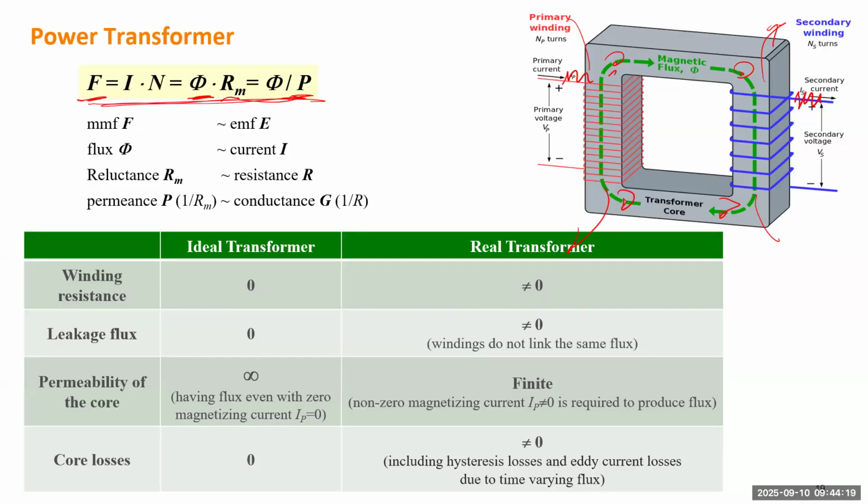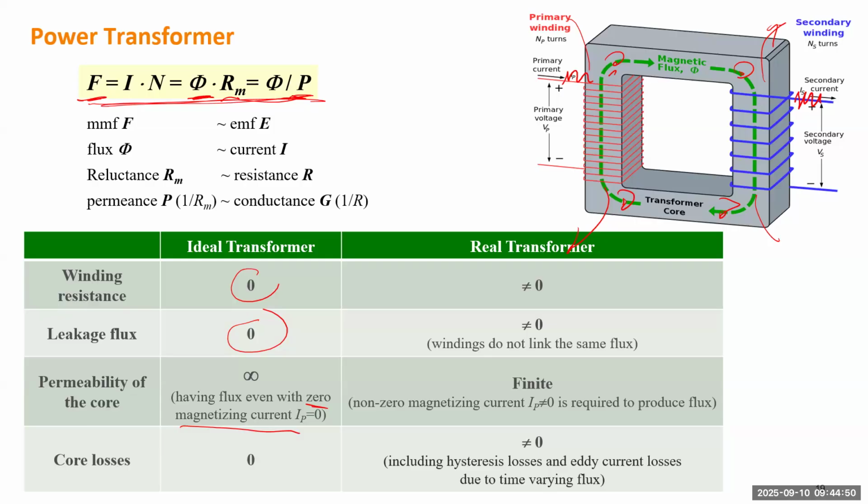So for the ideal transformer, we ignore the winding resistance, so there's no leakage flux. The reluctance of the core to build up the magnetic field is 0. So which means you don't need much flux. You only just need to build up the flux for the transformer. You only need 0 magnetizing current.